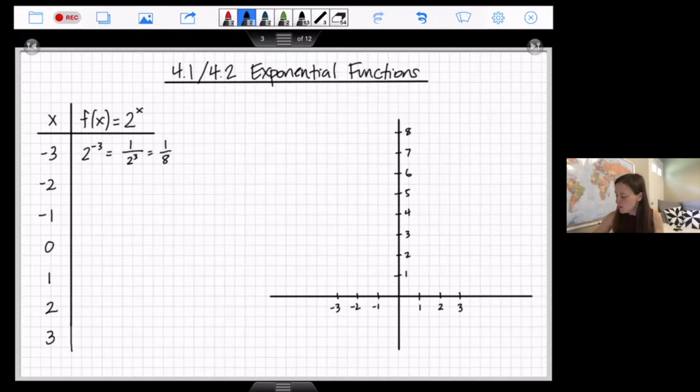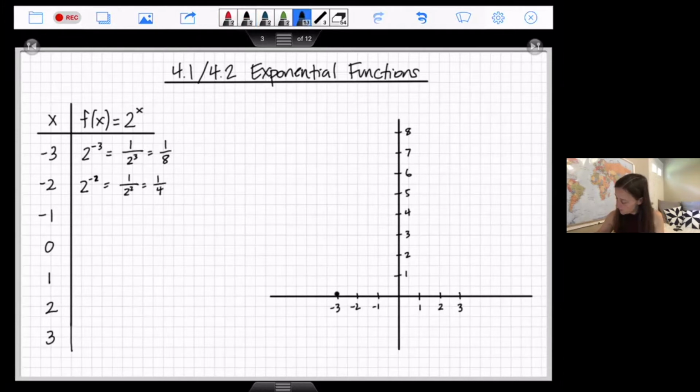That's going to be really, really close to the x-axis. So -3, 1/8, essentially almost sitting on the x-axis. I don't have enough resolution to get a really good approximation of where that is. All right, so let's keep going and see what we get. When we do -2, 2 to the -2 will give us 1/2 squared, or 1/4.